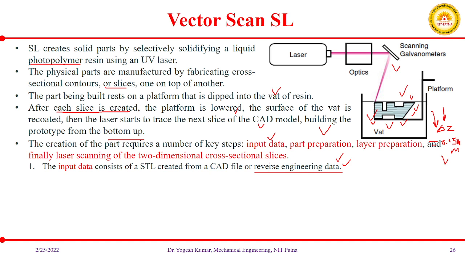This process is called collection of data. It is called reverse engineering data. Instead of creating the model directly in your CAD software, we are creating the model from the 3D scan data of your physical model. So this is about your input data. It may be directly an STL file, or it may be created from a CAD file.